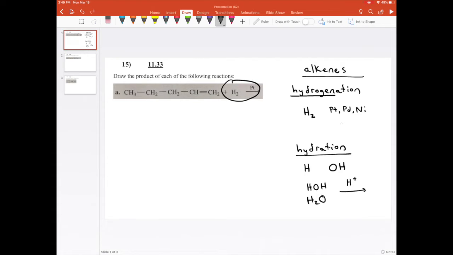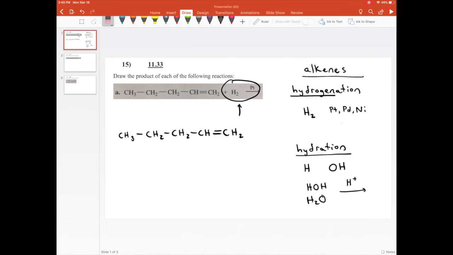In this particular case, you can see that because we have H2 gas and platinum, palladium, or nickel, we have hydrogenation. And what you do when you have hydrogenation is take the molecule exactly as it is. The first step is to erase the double bond.